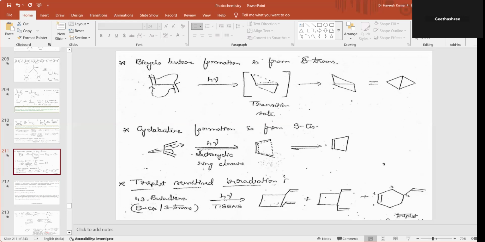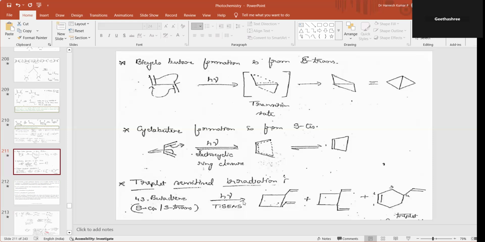Cyclization between this electron and this electron, forming a transition state like this and forming a bicyclic compound. Similarly, if it undergoes cyclization, then it will form a transition state like this and later on product like this.